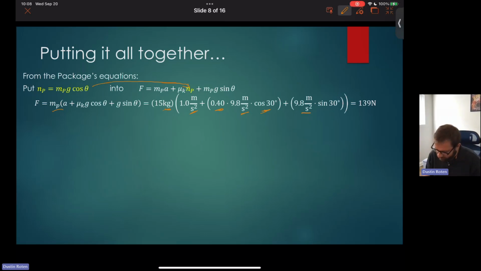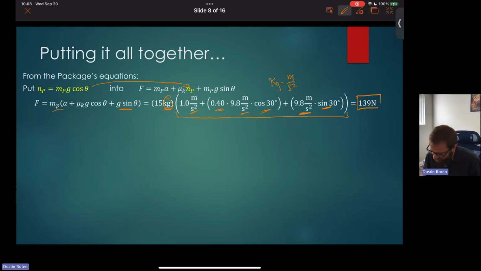Same thing here. I've got gravity from my third term, g sine theta, and then I just need to scale this piece of gravity too. So all the units here, this is all just acceleration, meters per second squared. So now I have kilograms times acceleration. Well, by George, that is newtons. So this equation works out.